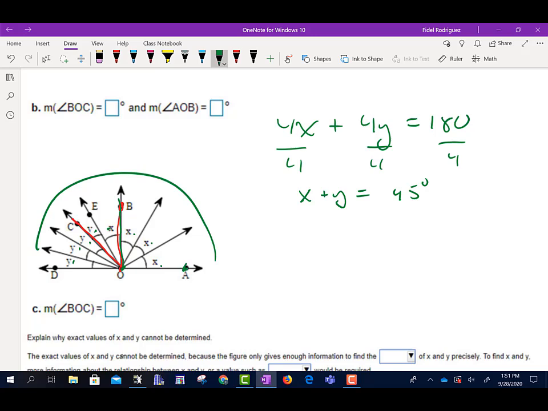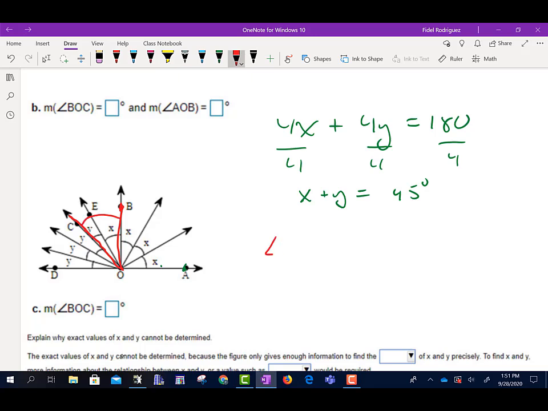Let me get my eraser, sorry. If you look at the first thing we were asked to find, what's the measure of angle BOC?